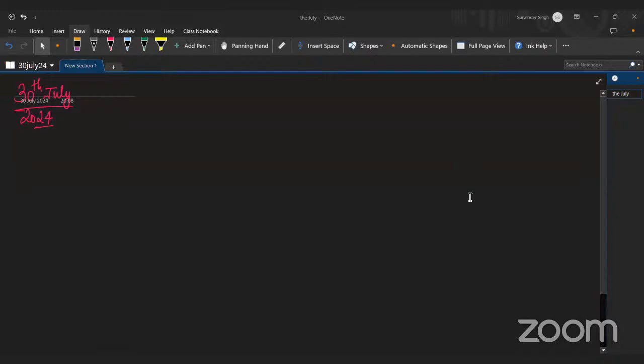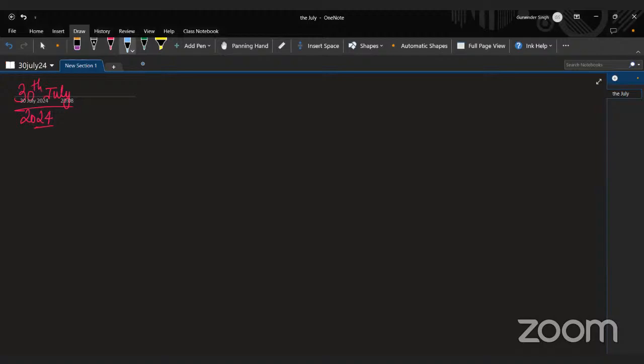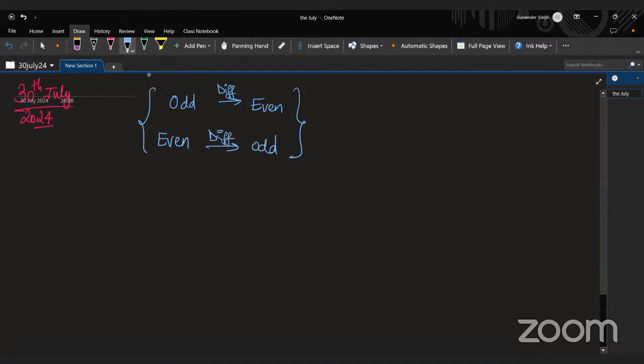With that, we had also done differentiation: what happens when we differentiate an even and an odd function. I had told you that if you differentiate an odd function, it results in an even function, and when you differentiate an even function, it gives you an odd function, right?